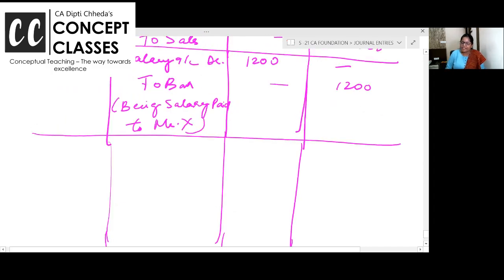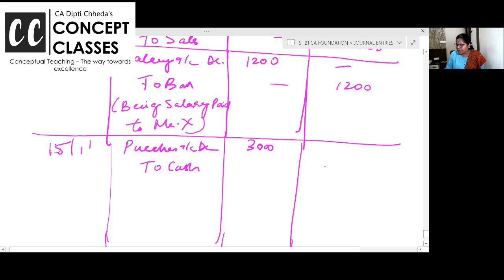Yeah. See the last entry. If you have a doubt, ask me. Next. 15th of January. Purchased goods from Mukherjee for cash, 3,000. You have purchased goods worth 3,000. So purchase account debit. Stock is coming in.